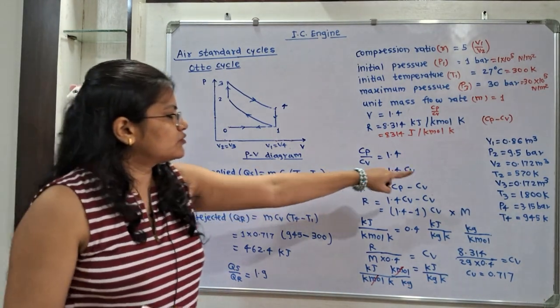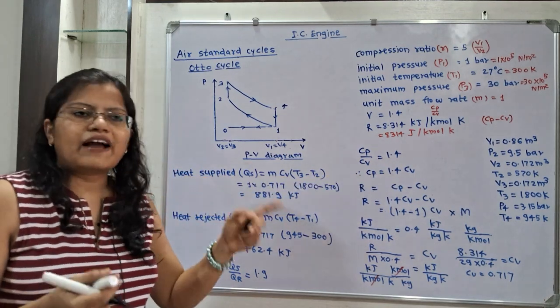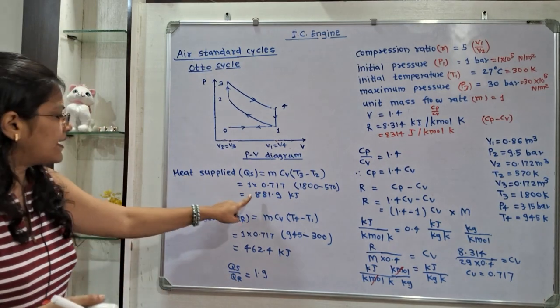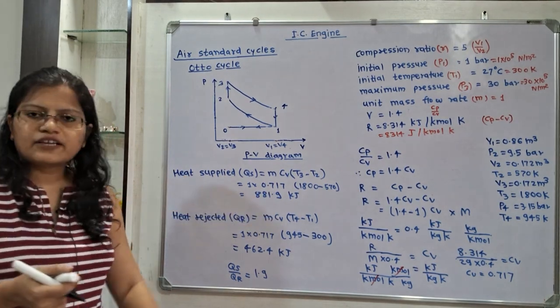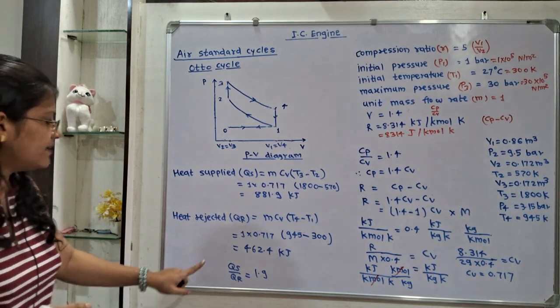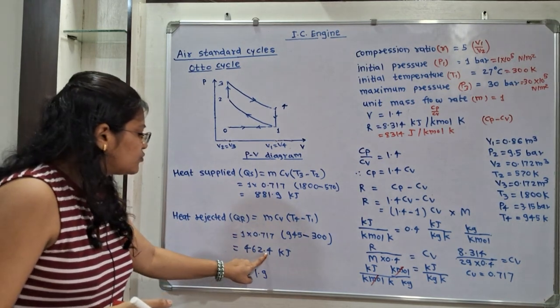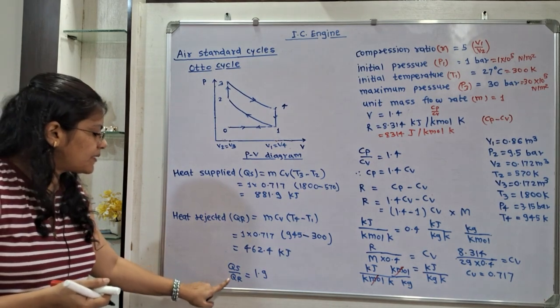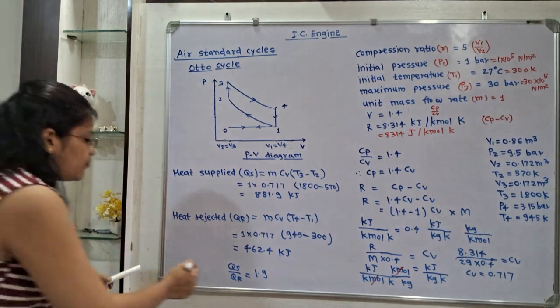And for T3 minus T2, here is the data. T3 we have calculated, T2 also calculated. So heat supplied is 881.9 kilojoule and heat rejected is 462.4 kilojoule. Now when we take the ratio Qs by Qr, it is equal to 1.9.